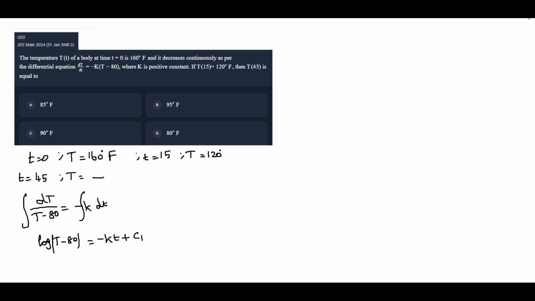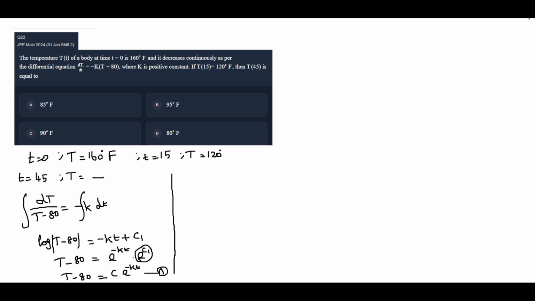Now using exponential, T minus 80 equal to e power minus kt into e power c1. I just consider e power c1 as c, so c into e power minus kt is T minus 80. Consider this as equation 1.